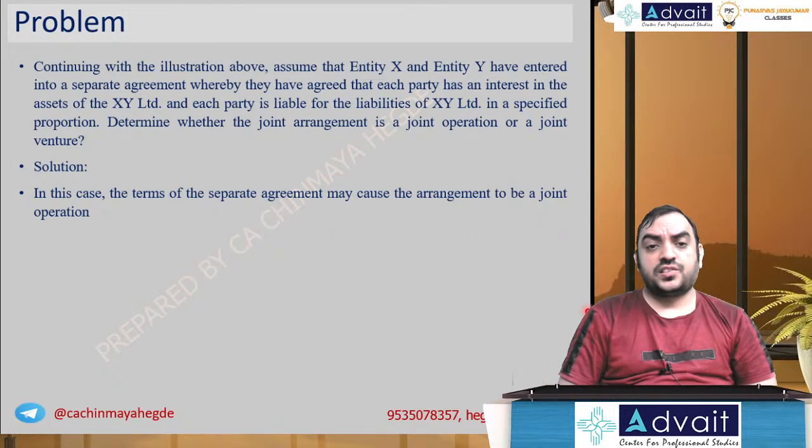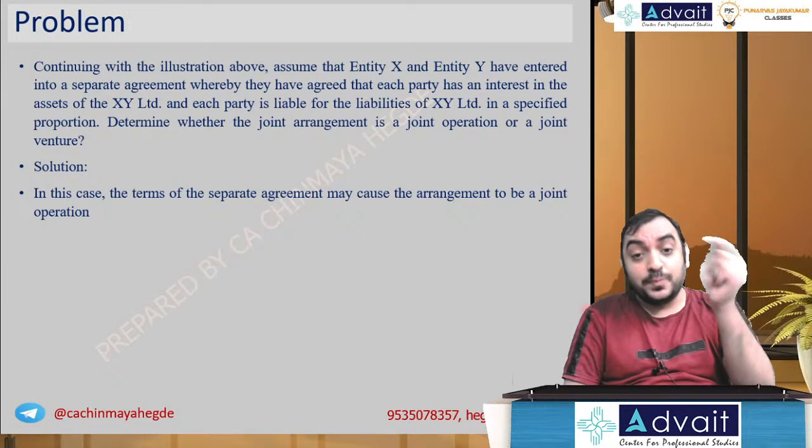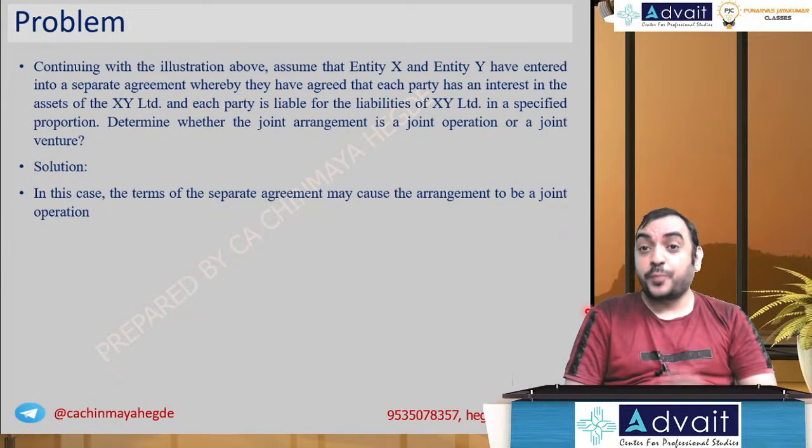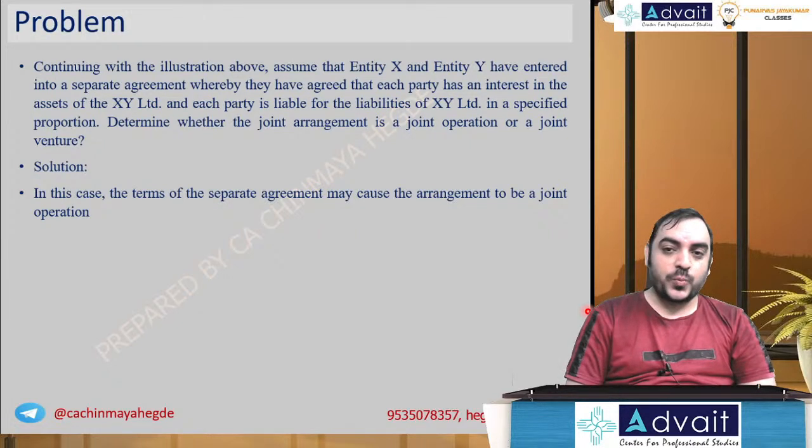Continuing the facts illustration above, assuming entity X and entity Y have entered into a separate agreement whereby they have agreed that each party has an interest in the assets of XY Limited and each party is liable for the liabilities in a specified proportion, is the joint arrangement a joint operation or a joint venture?